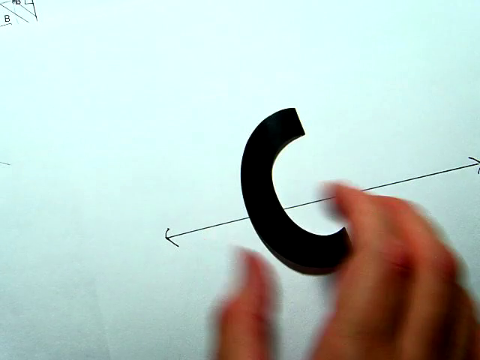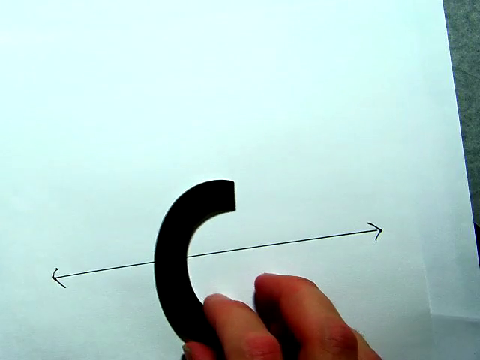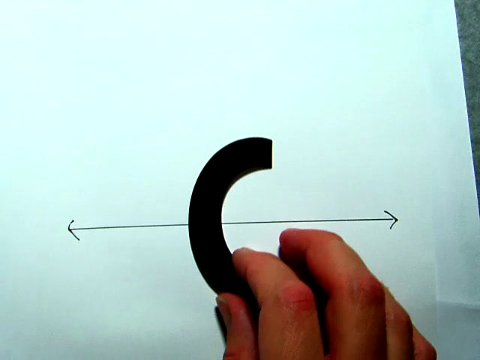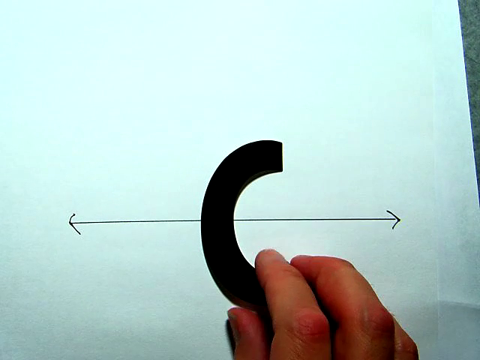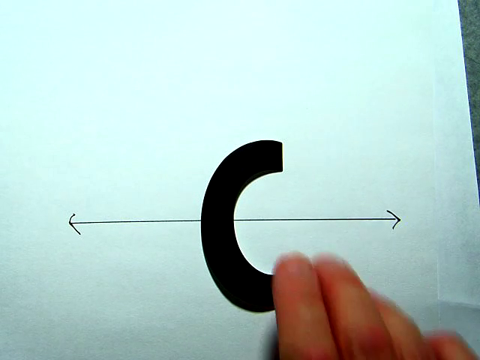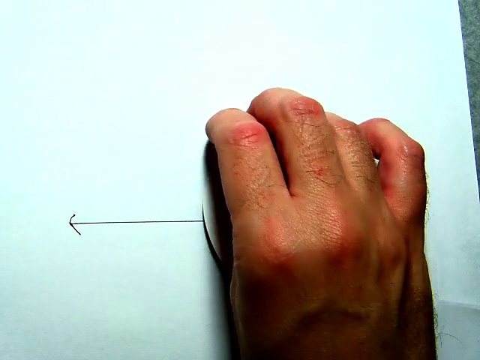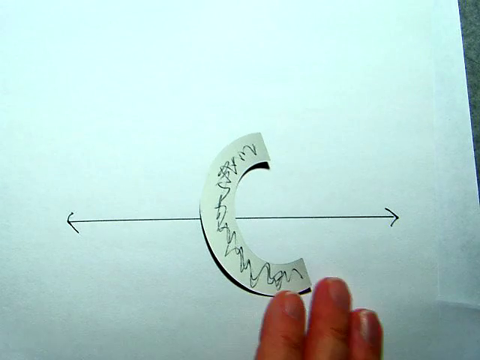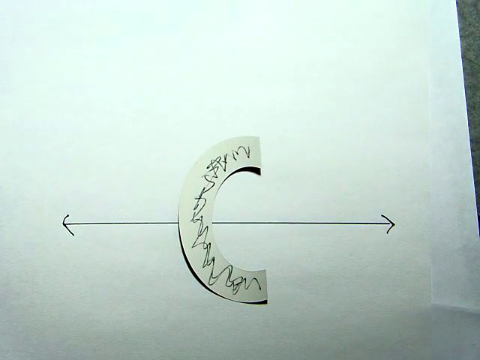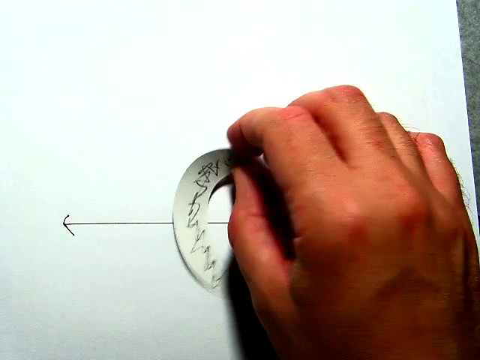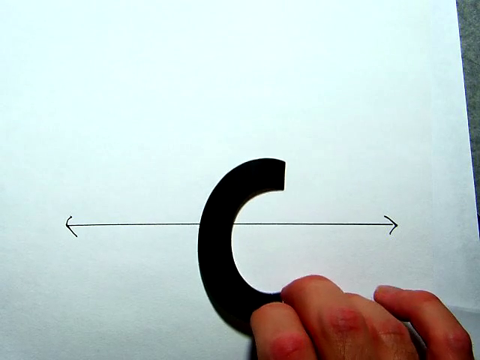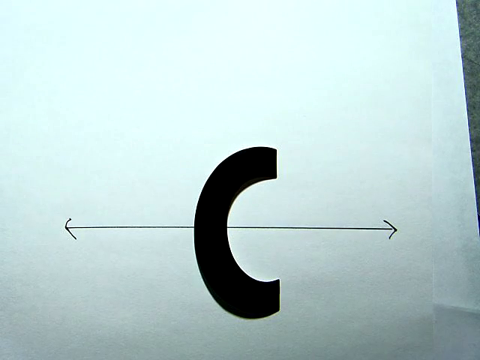What about a horizontal line or axis of symmetry? Let's try that. Got letter C, got a horizontal line, and now if we flipped C over the horizontal line, it would go like that. And is that the letter C? Yes. So the letter C does have a horizontal axis of symmetry. When we flip it over that line, it would stay as the letter C.